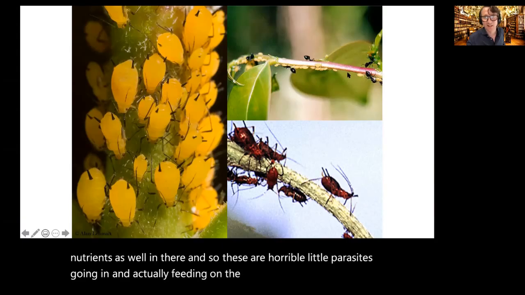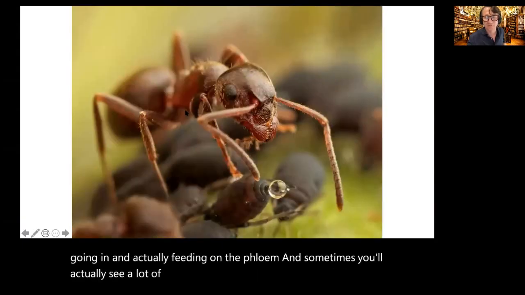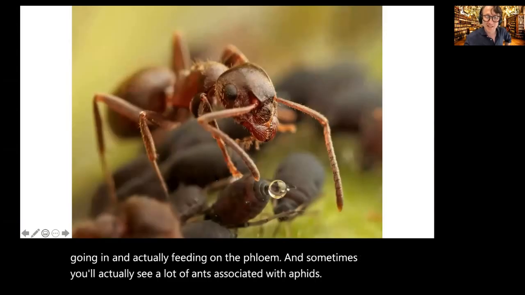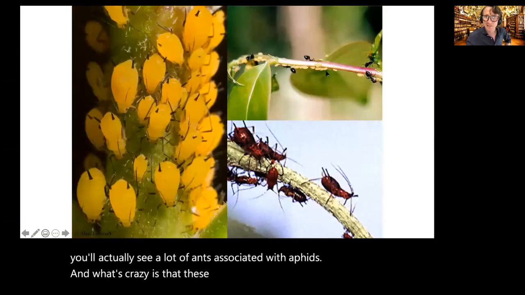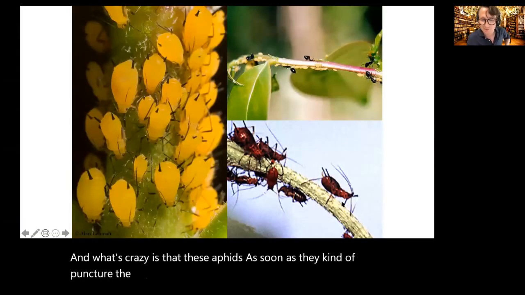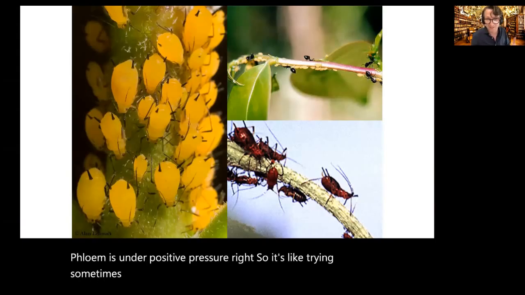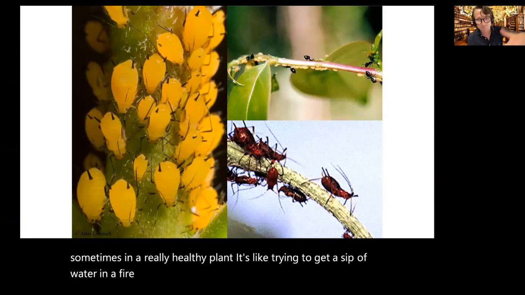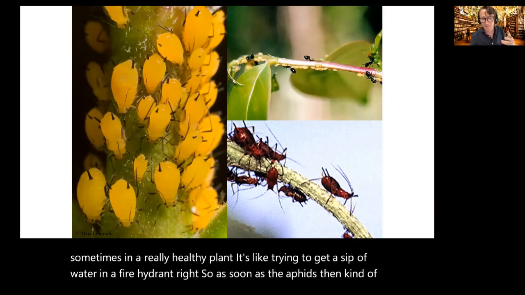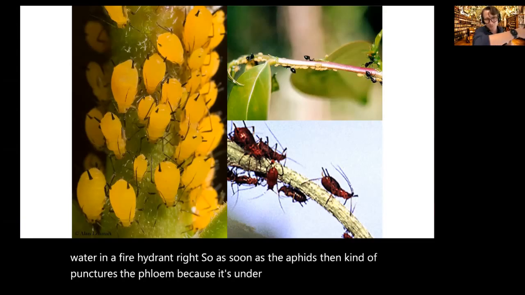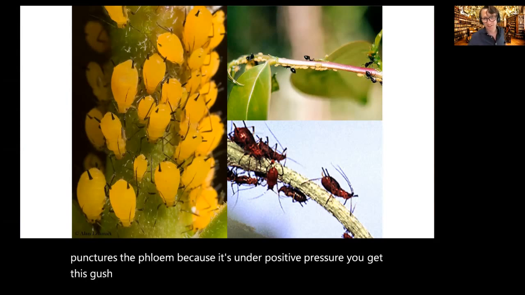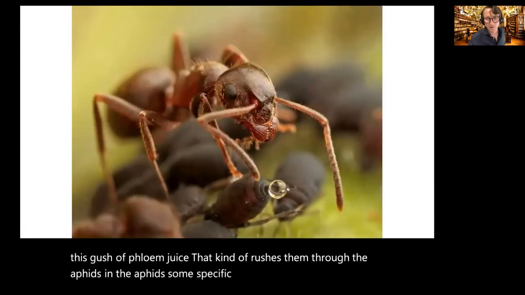And sometimes you'll see a lot of ants associated with aphids. And what's crazy is that as soon as the aphids puncture the phloem, remember, the phloem is under positive pressure, right? So in a really healthy plant, it's like trying to get a sip of water from a fire hydrant. As soon as the aphid punctures the phloem, because it's under positive pressure, you get a gush of phloem juice that rushes through the aphid, and the aphid has some specific adaptations to get rid of all that pressure.